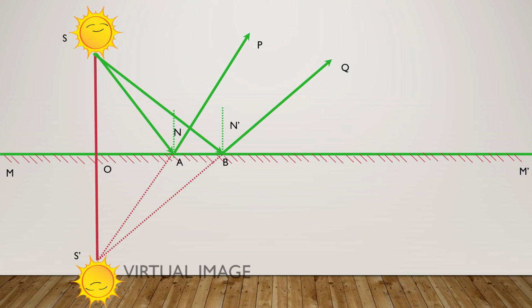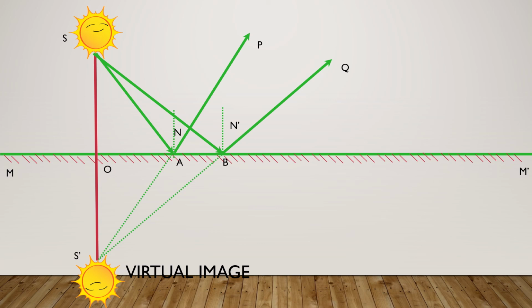We draw the dotted lines AS dash and BS dash so that we can make them meet at one point. Here they are meeting at S dash. At S dash we are going to get the image of the object S. S is the object here, and S dash is the image formed.